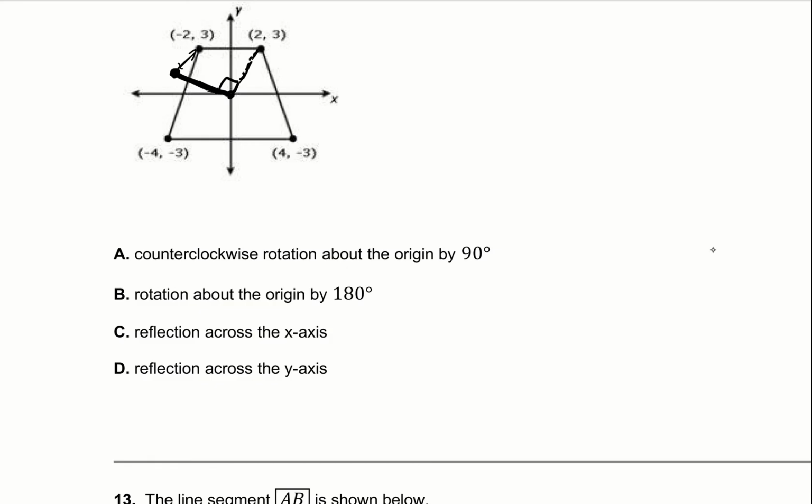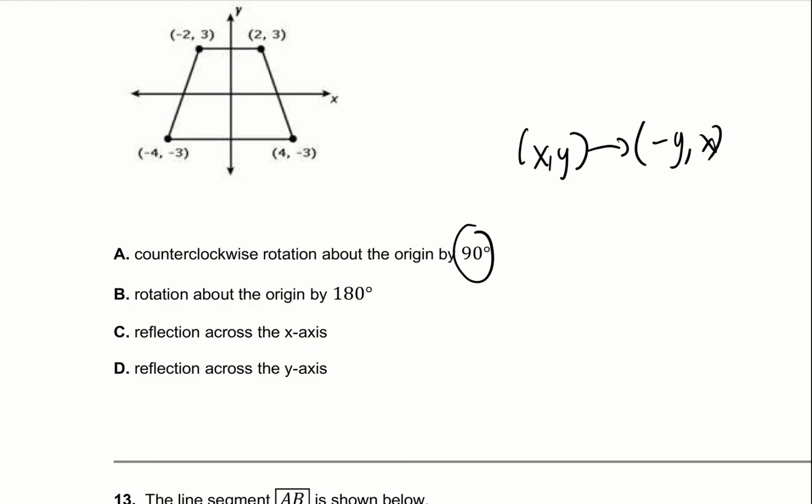But I'm going to draw the picture of this trapezoid so you can kind of see how it would look like. Now remember that the rule for 90-degree rotation is (x, y) transforms to (negative y, x). And so we really could use this rule to help us out here. So let's do that. If we switch 3 and 2, if we switch these coordinates, we get 3 and 2, and so we'll end up getting negative 3 and 2, which is going to be over here.